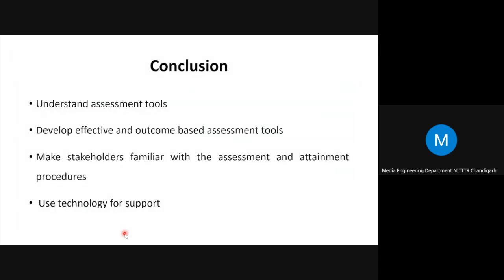The conclusion of this CO and PO attainment discussion is that if we want to have effective attainment, then first we should understand the various kinds of assessment tools, and what kind of assessment tool will be effective based on the outcomes which we have designed, right? Depending upon the COs or the other outcomes which we want to evaluate, we need to identify suitable assessment tools, and we should make our stakeholders familiar with those assessment and attainment procedures, so that the actual purpose is understood.